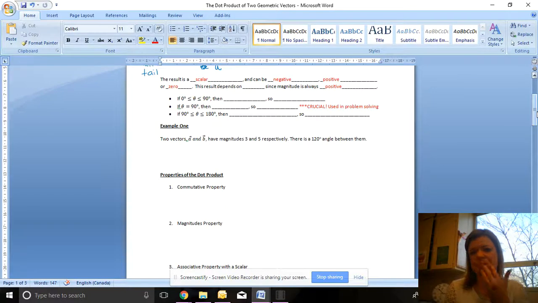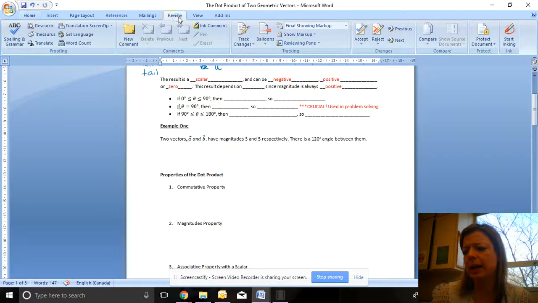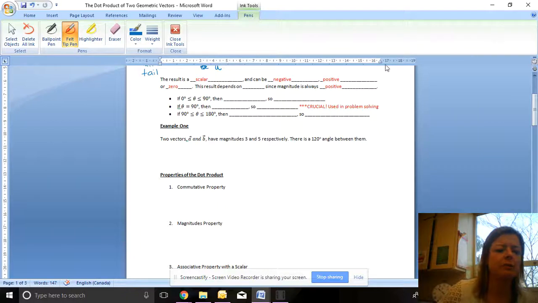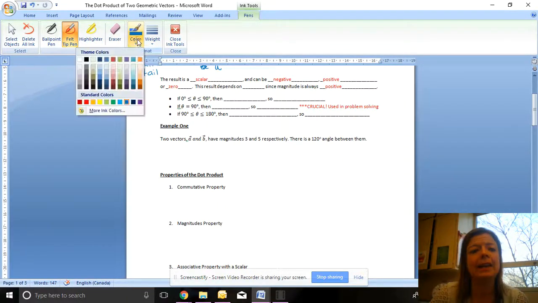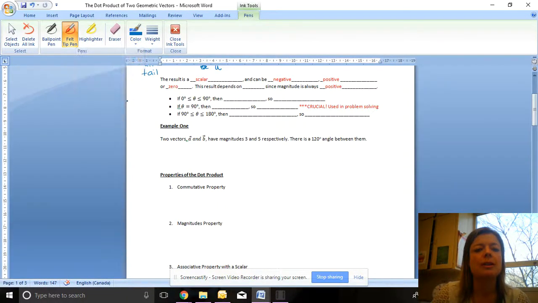You might be like, well, how is this useful? It's going to be useful later when we calculate something called work, and way later when determining the equation of a line in R3. So it does have applications, they just won't quite come yet. But trust me, we do use it.